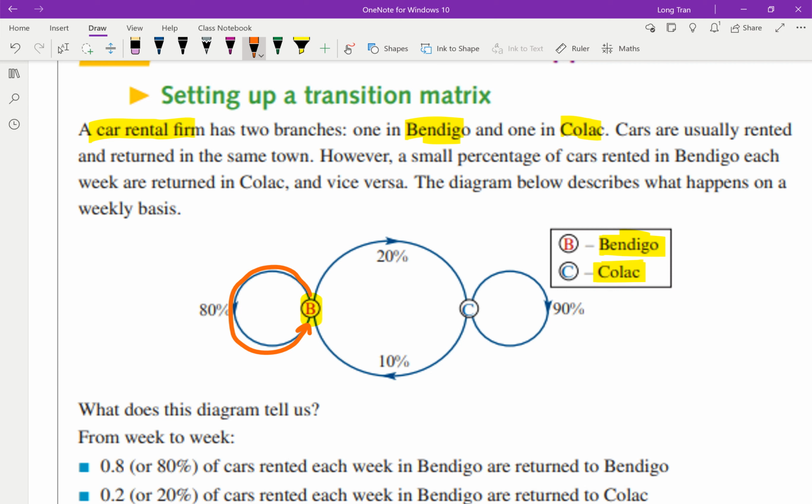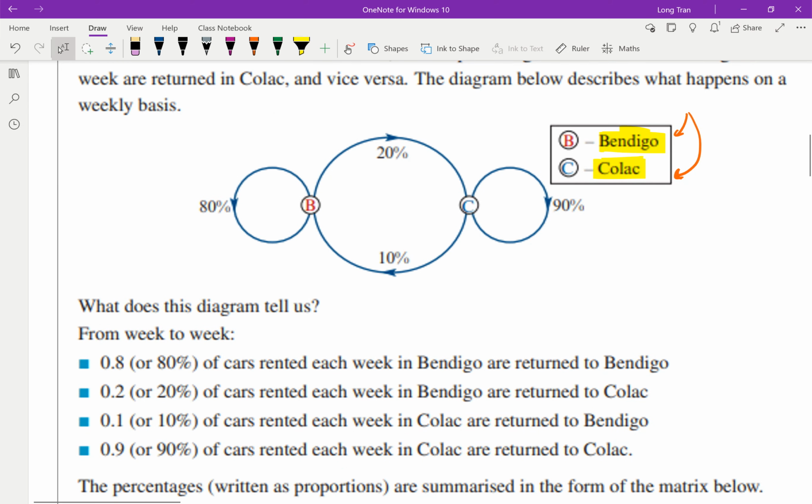You can also rent from Bendigo and return it in Colac, which is shown by the arrow there, with a 20% chance of doing so. They've illustrated that by telling you there's a 20% chance of cars rented each week in Bendigo being returned to Colac. That's what the diagram is trying to say.